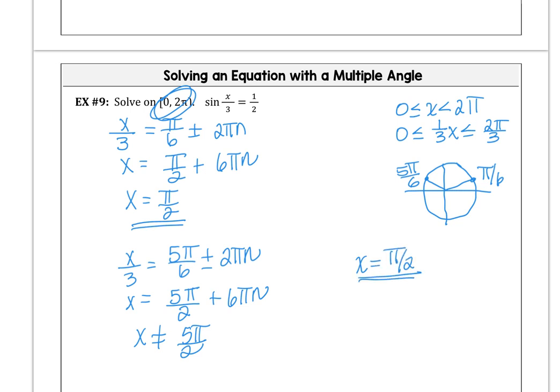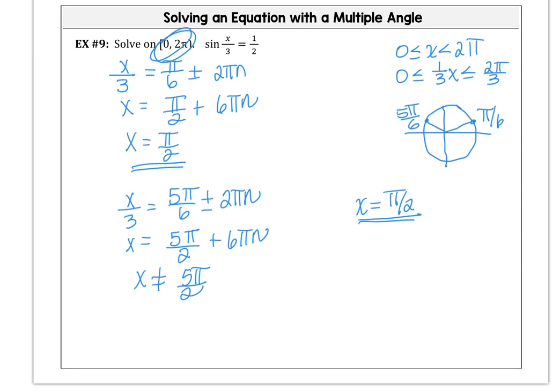And again, you can check that with your calculator and see that sine of a third x, if we sketch that, sine of 1/3 x, it's going to go really slow. And this value is pi over 2.